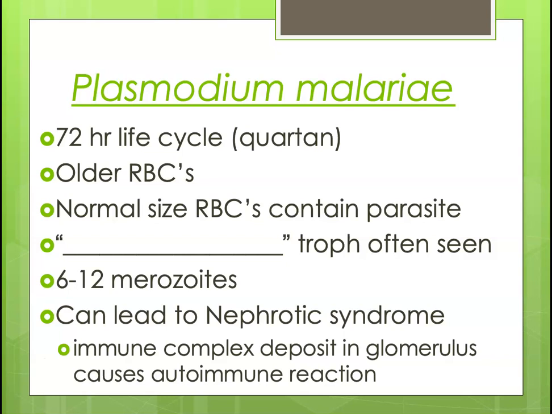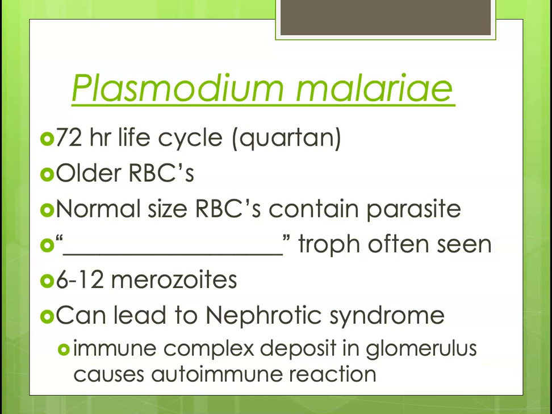It tends to invade older RBCs, and because of that, the red cells aren't enlarged. They're just normal sized red cells. What's unique about malariae is that it forms band-shaped trophs. So those are often seen where the cytoplasm of the trophozoite is spread out over the whole diameter of the red cell.